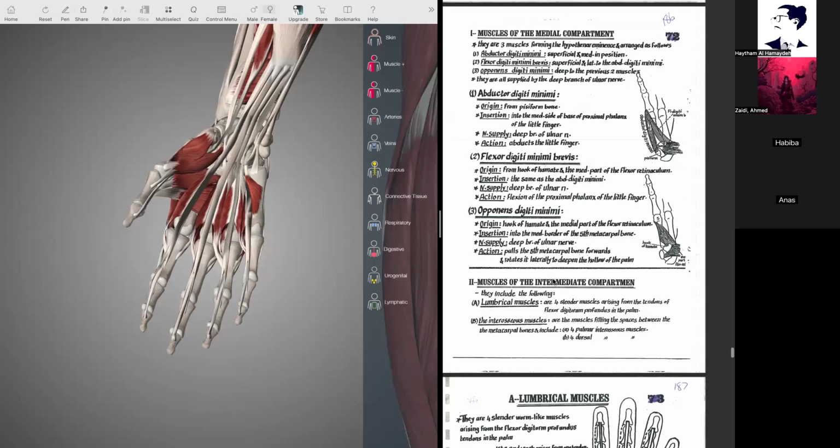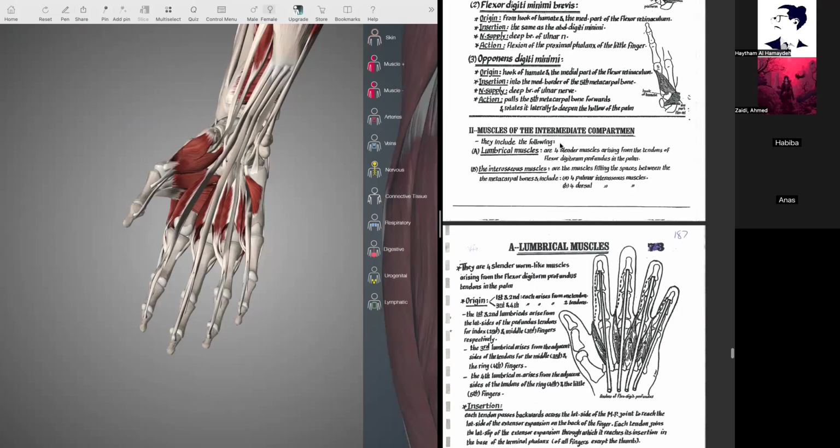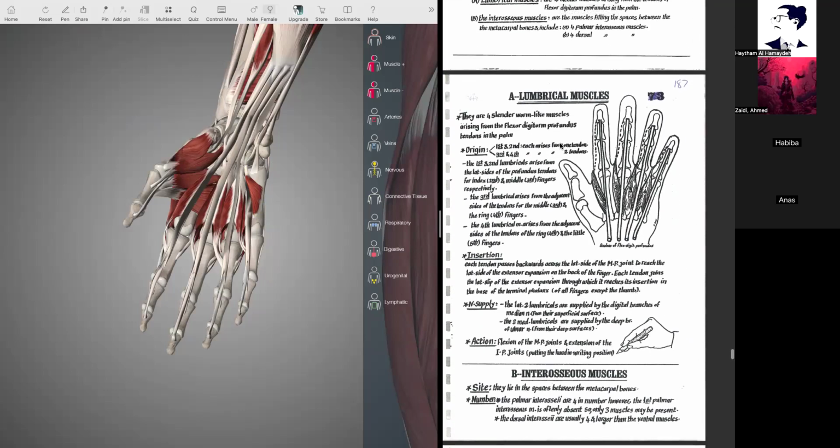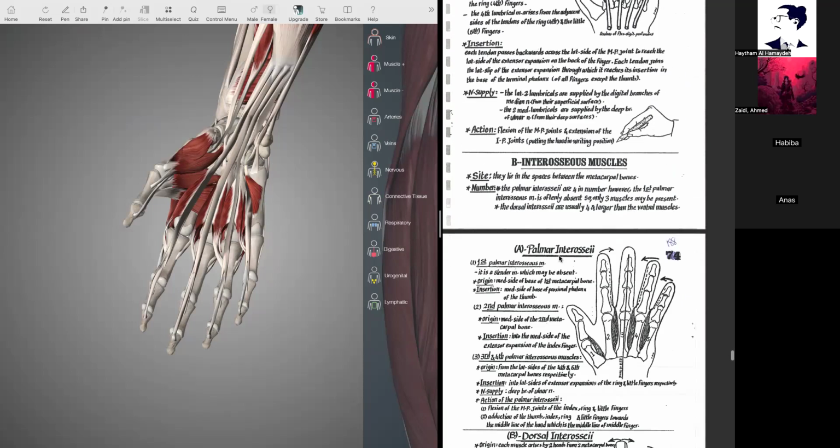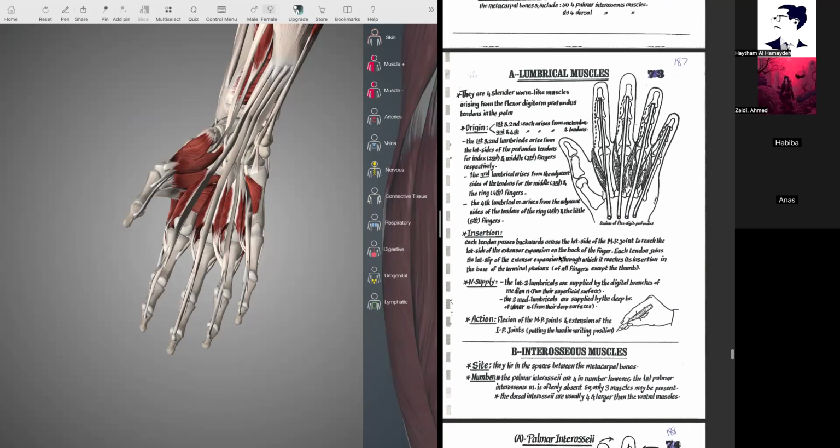Now we come to the intermediate. For the intermediate, I just want to do the innervation and action.